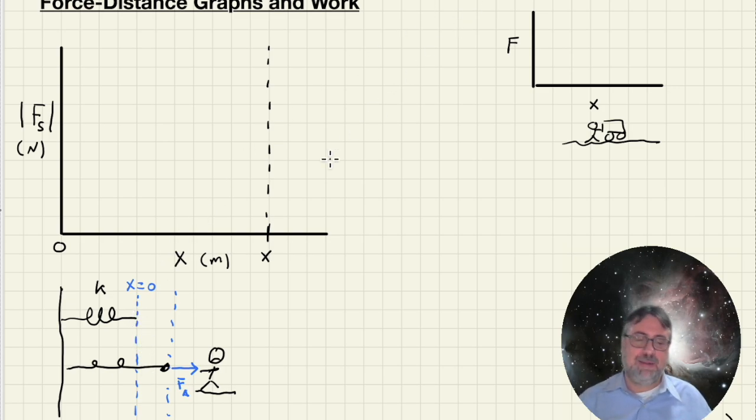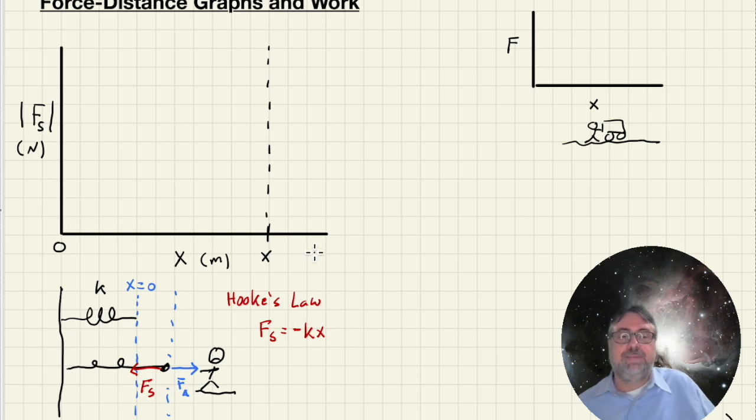But if I pull on the spring to the right, the further I pull the spring, the more the spring will pull back. And remember, by Hooke's law, the force exerted by a spring will always be in the opposite direction of the direction of the pull.